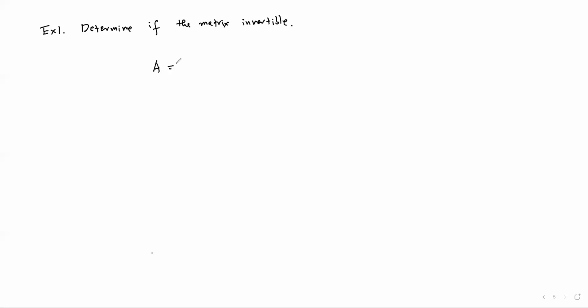The matrix is this, 1, -2, -1, 3 by 3. So I use the theorem we just learned. Let me find the echelon form of this matrix. Reduce A to echelon form, step by step.